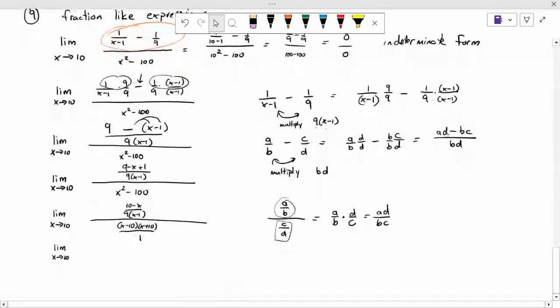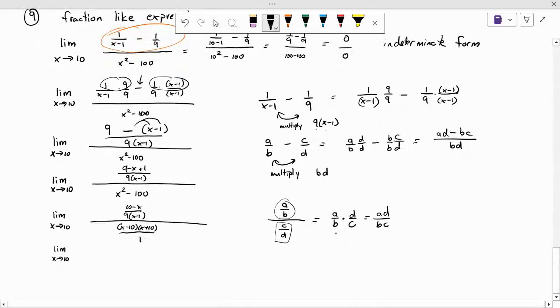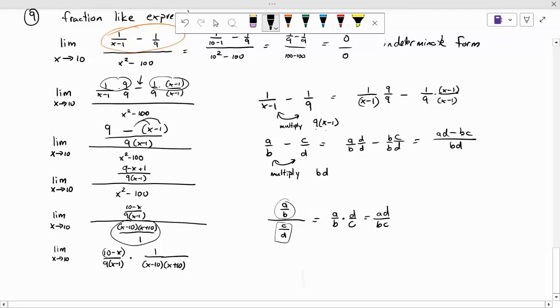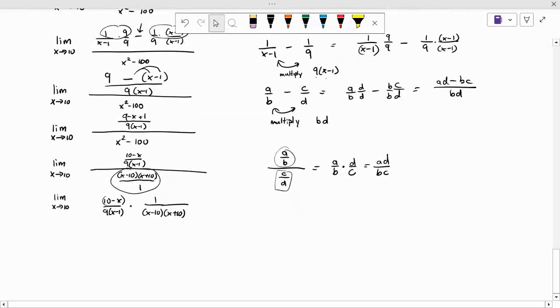The way I'm thinking of this is that we have the fraction on top, and then you're dividing by this fraction, so it's the same as multiplying by the reciprocal. So I think we're almost done.